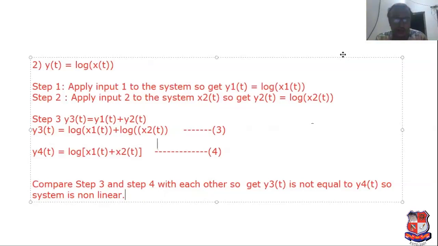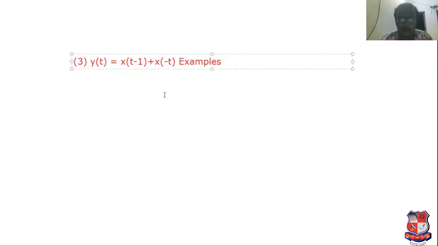Now, third example. y of t equal to x of t minus 1 plus x of minus t. Determine whether it is linear or not. This is the example data. Now, step 1.